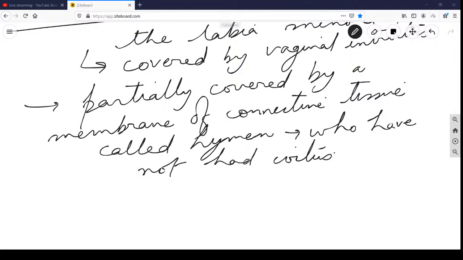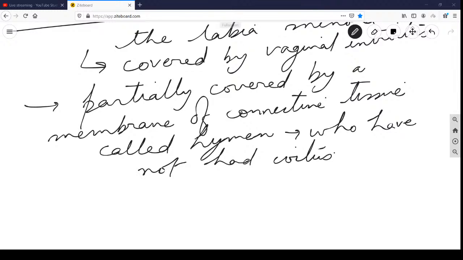And in some women the hymen can persist even after coitus, especially if the tissue is very flexible. So the presence or absence of a hymen is not a reliable indicator of virginity or sexual experience.